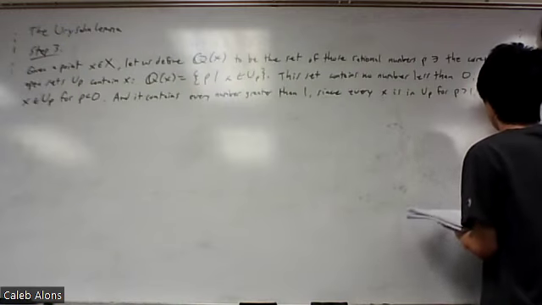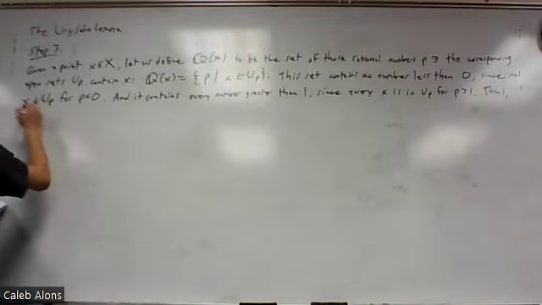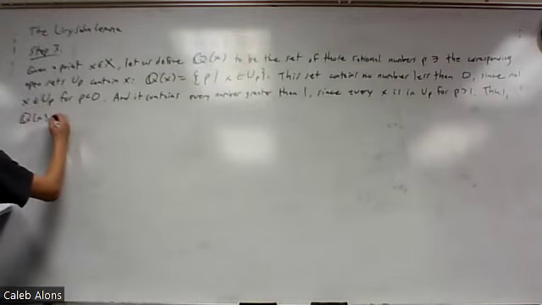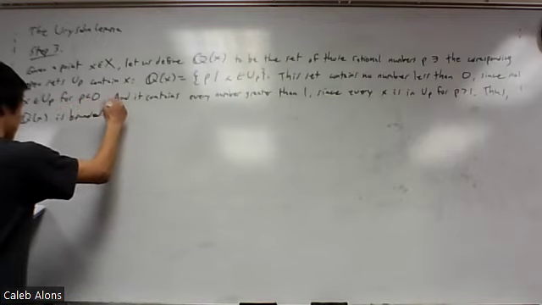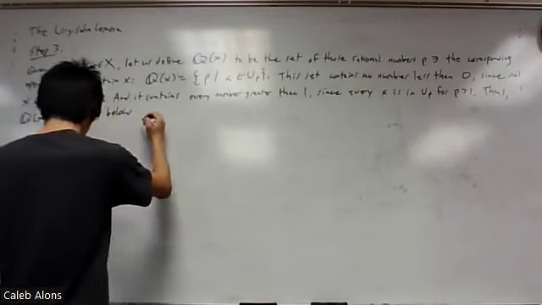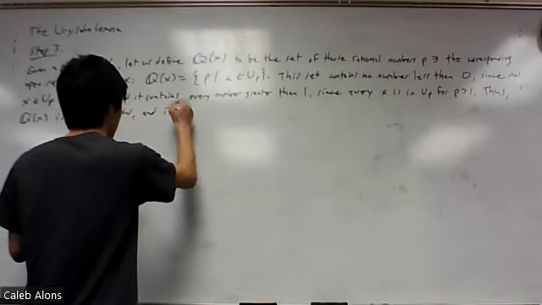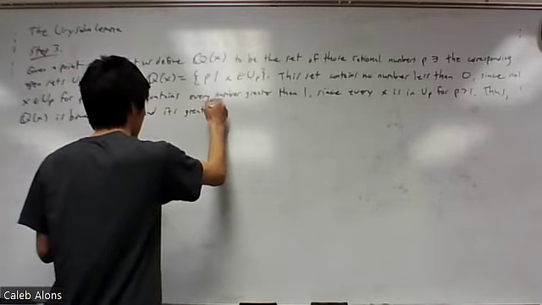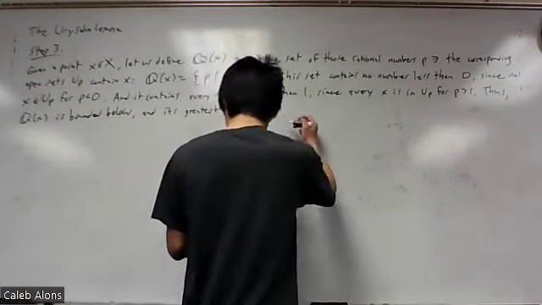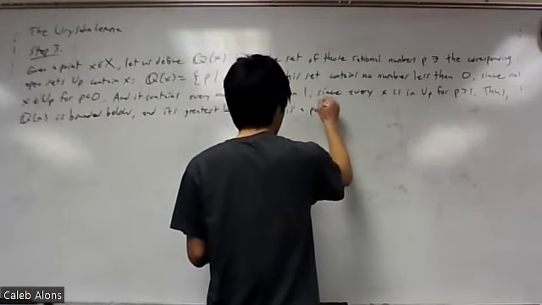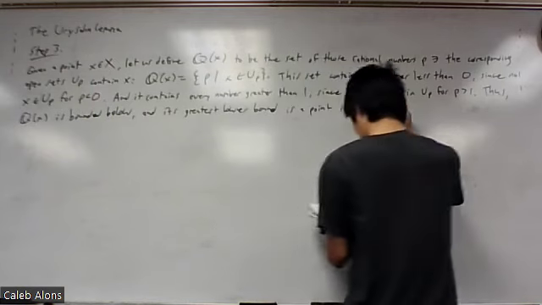Okay, so therefore Q(x) is bounded below. And we'll take advantage of this, because that means it has a greatest lower bound, and its greatest lower bound is a point in [0, 1].